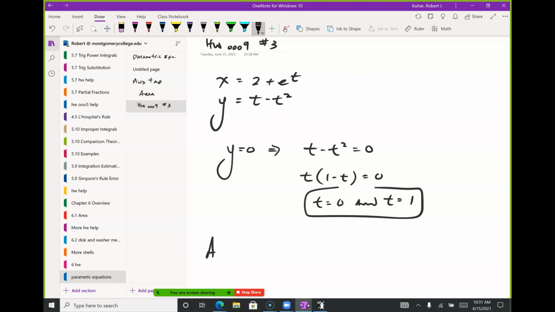So I'm getting the area from 0 to 1 of y dx, right? And my y is t minus t squared, and my dx is e to the t dt. Make sure you agree with me. Make sure you get the derivative there of 2 plus e to the t.